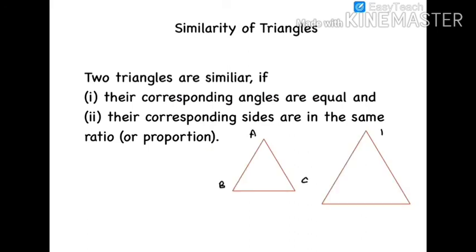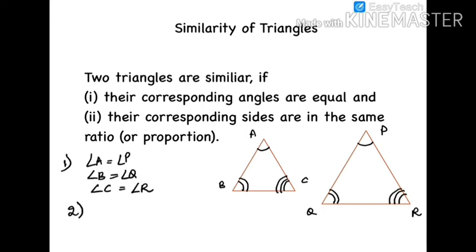So triangle ABC and PQR will be similar if angle A is equal to P, angle B is equal to Q, and angle C is equal to R, and if AB upon PQ is equal to BC upon QR is equal to AC upon PR.